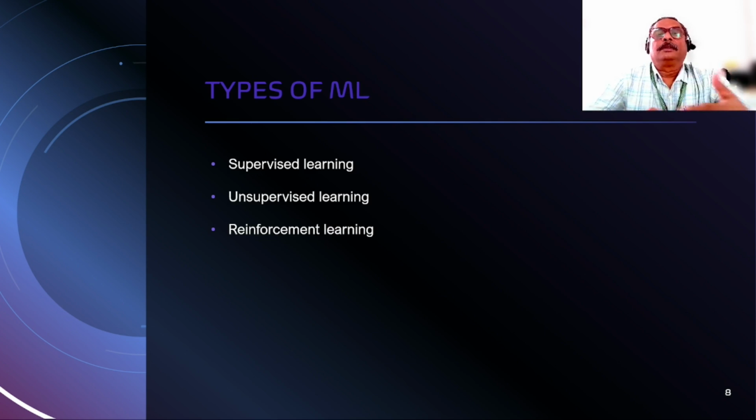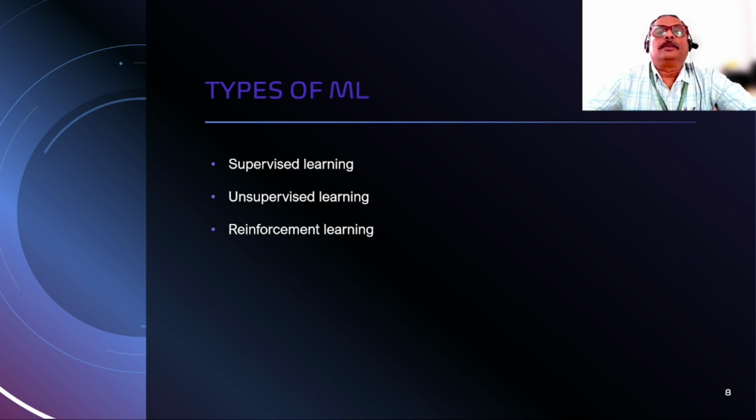The agent keeps this information, and in future tries to repeat all the actions that fetch positive responses or rewards, and tries to avoid the actions that give negative rewards or punishments. So this is what we call reinforcement learning.